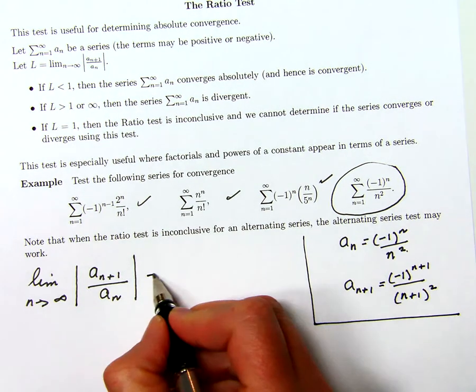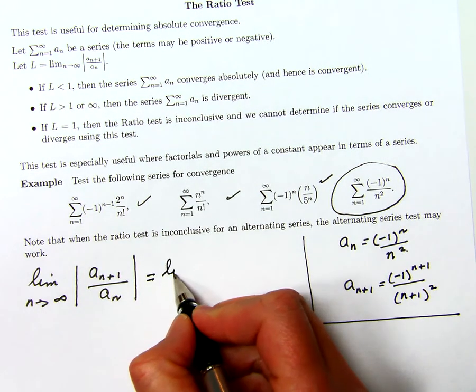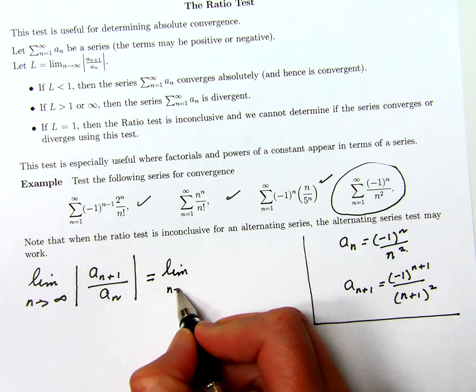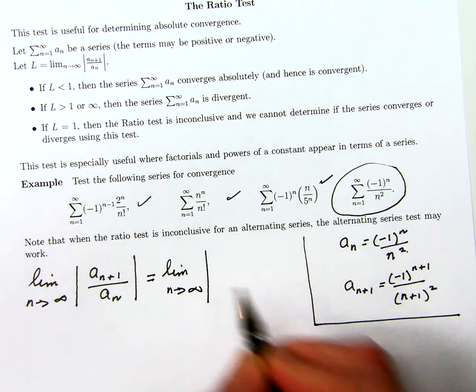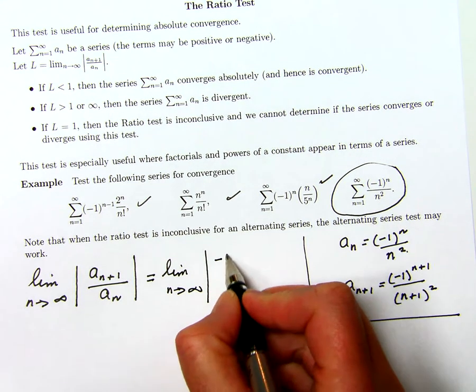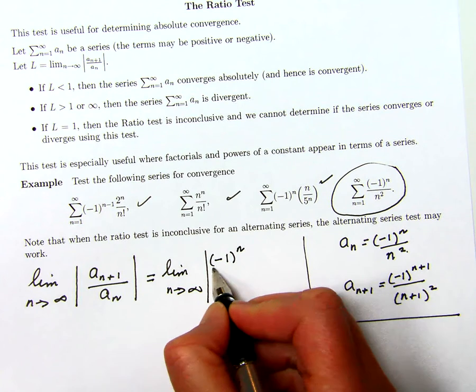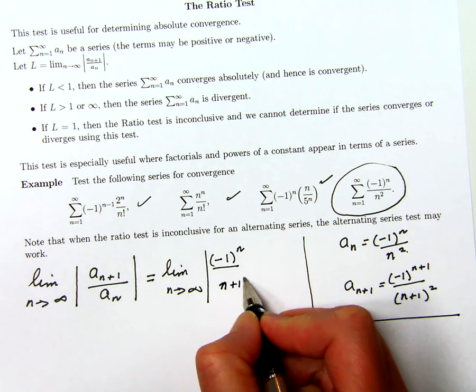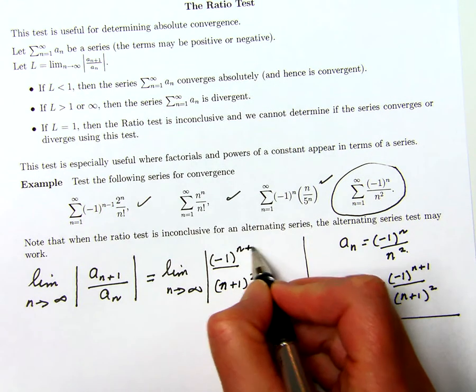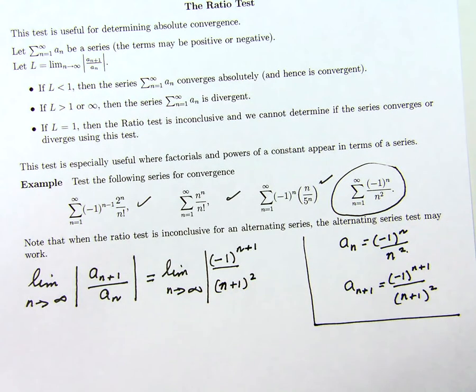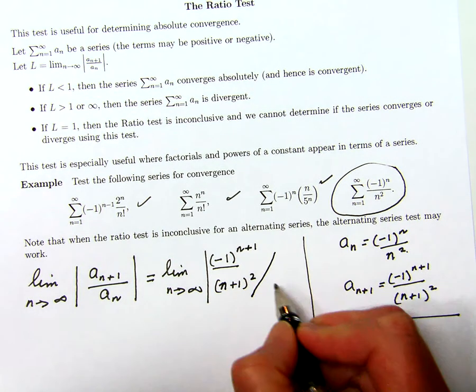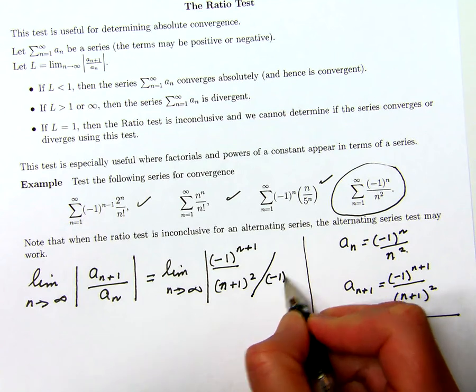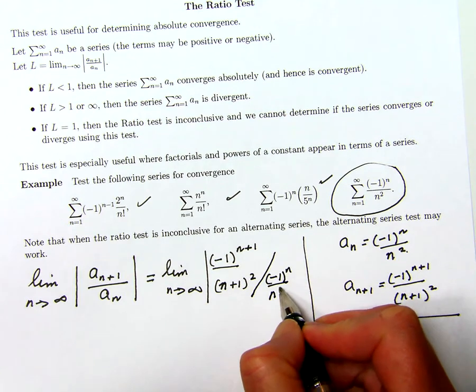Okay, so we fill in the details here. This is the limit as n goes to infinity of the absolute value of (-1)^(n+1) over (n+1) squared, sorry, that's (-1)^(n+1), that's a_(n+1), over (-1)^n over n squared.